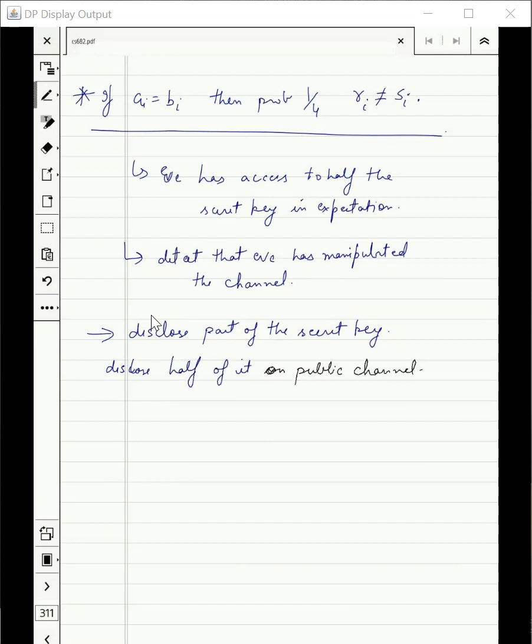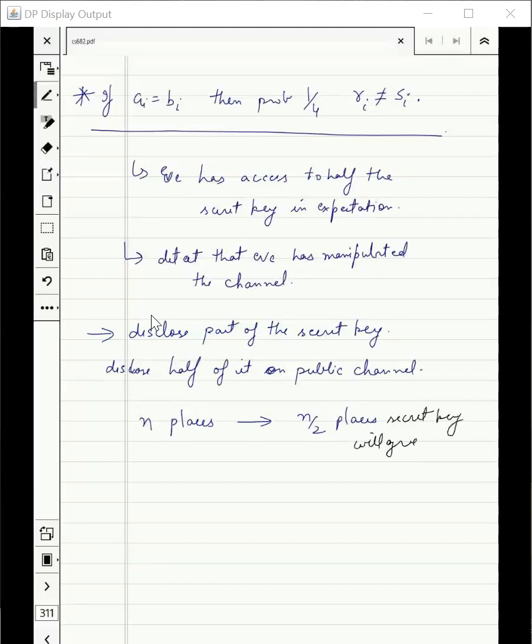And then if the length is n, there will be many places where Alice and Bob differ. In expectation, if they started with n places, then n by 2 places their basis will agree, so n by 2 places of the secret key will agree.